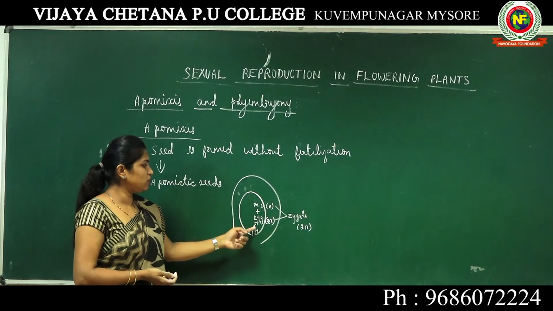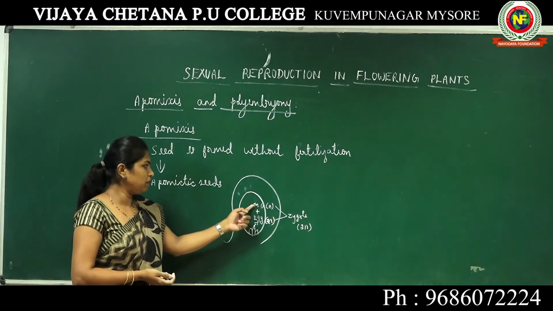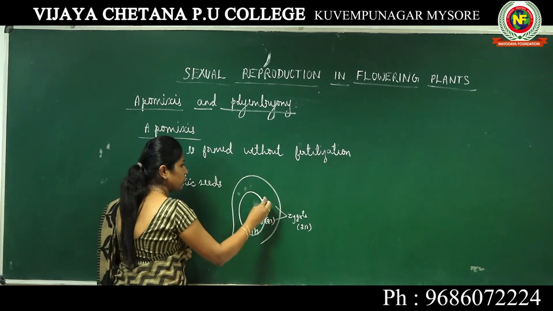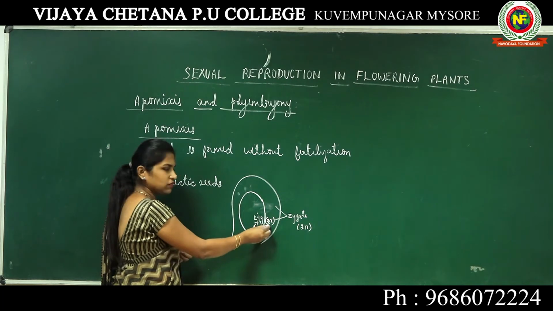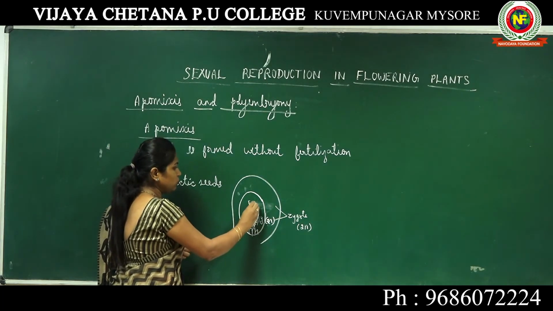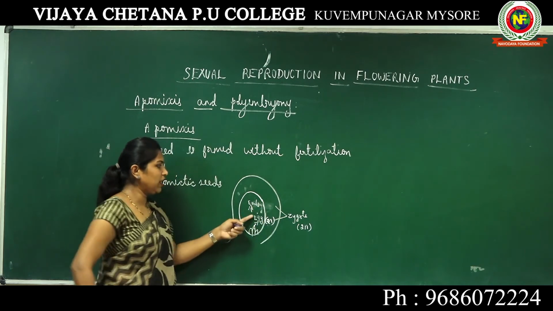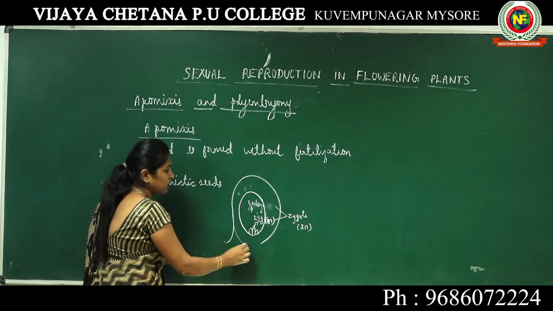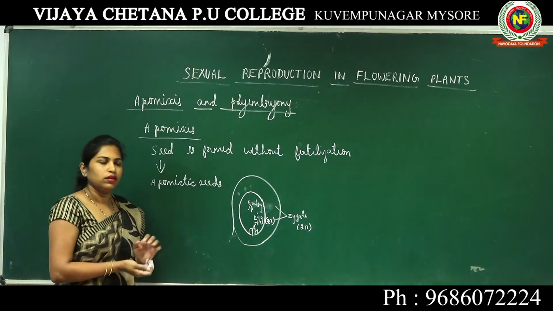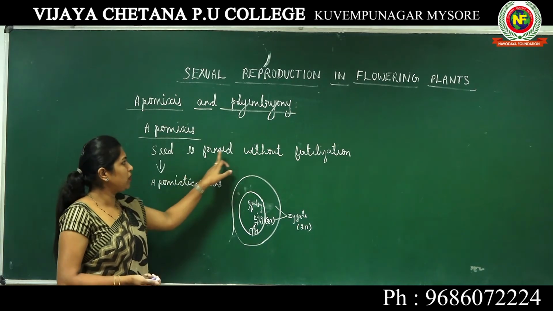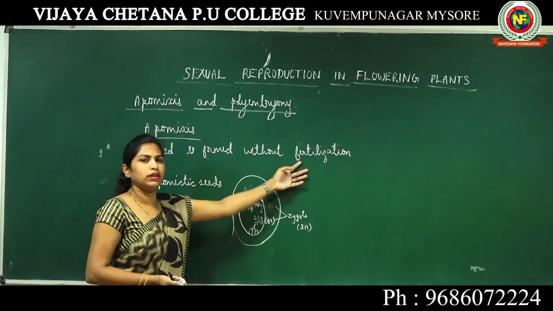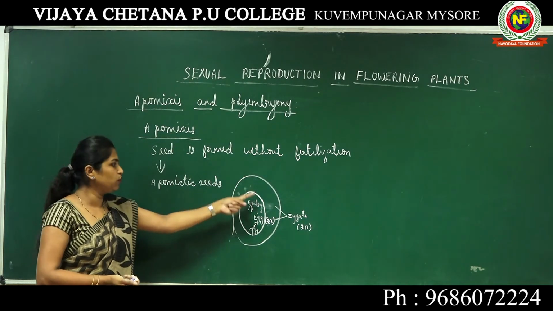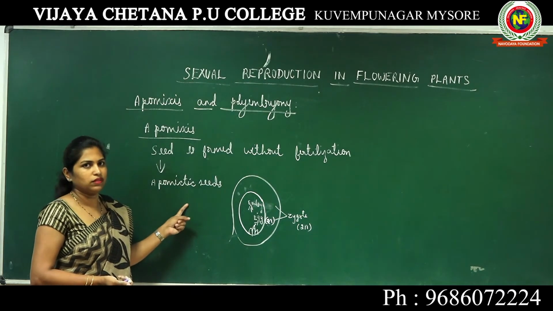Since it is diploid, it directly develops into embryo, not waiting for the male gamete. The seeds that are formed without fertilization are known as apomixis. Now you know the condition of apomixis.